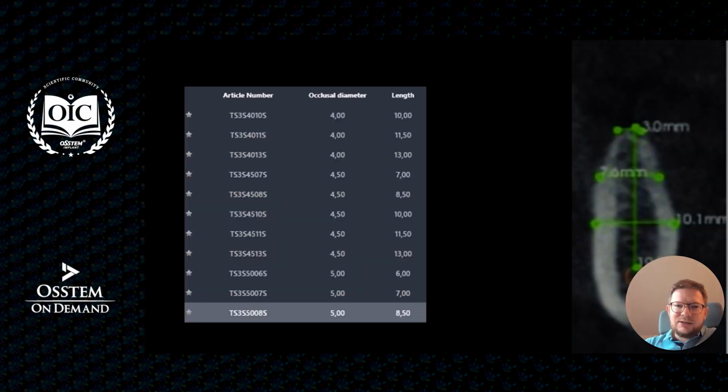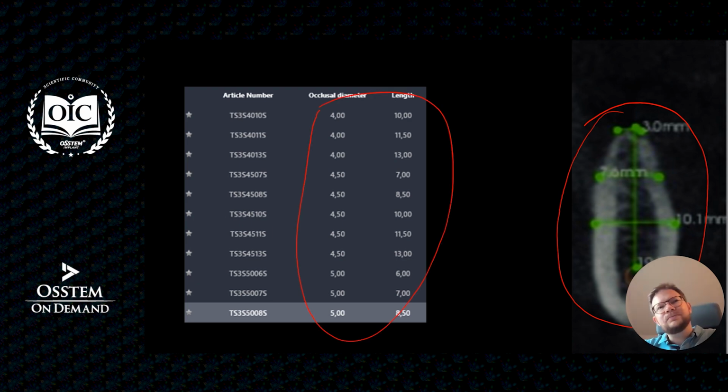So to explain that, I will use some example. Together we are not planning the implant or selecting an implant for this site, taking this kind of measurements like the length, the width, and stuff like that, and then we check the dimensions of the implant.